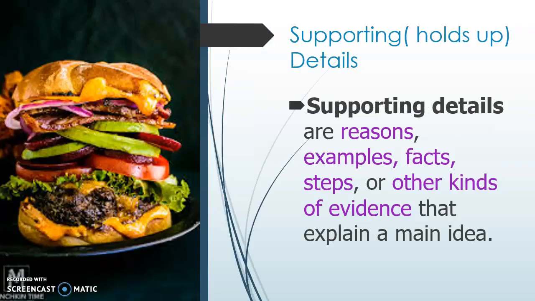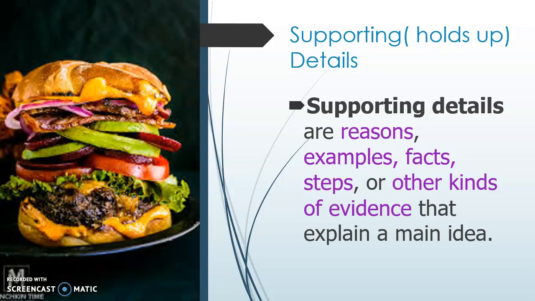All right. So let's talk about supporting details. Remember earlier we said that the word support means to hold up. So you guys remember back in the day when you learned how to write a paragraph, your teacher may have used the paragraph hamburger image for you.